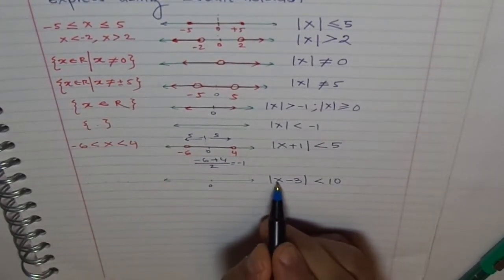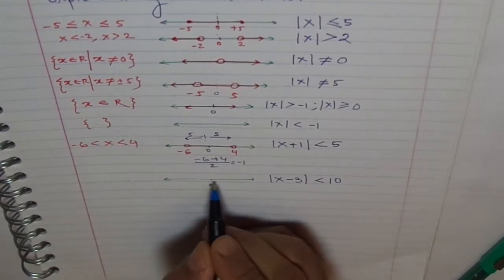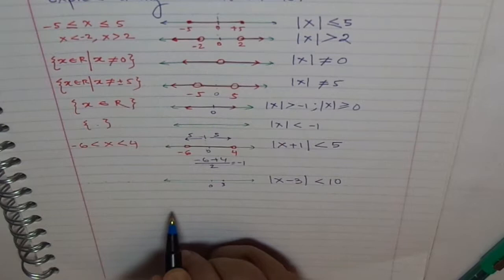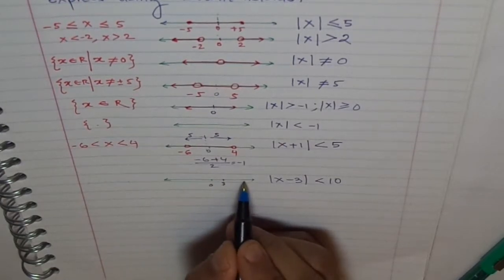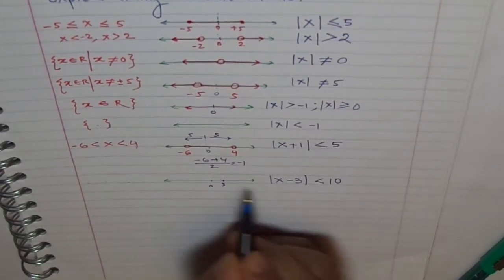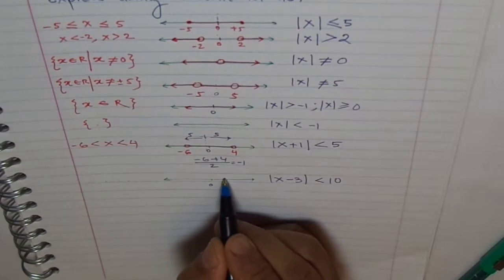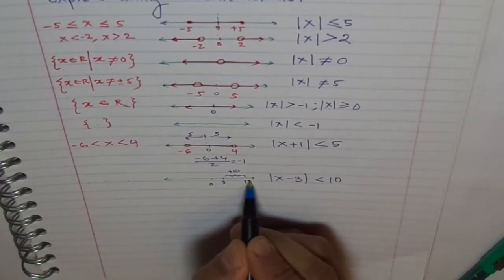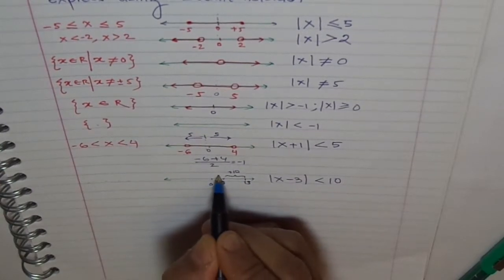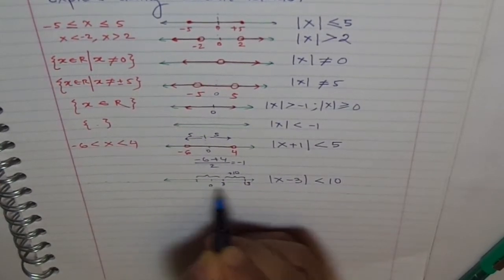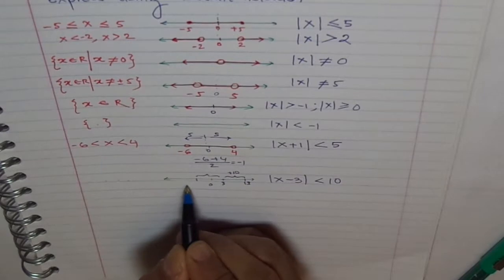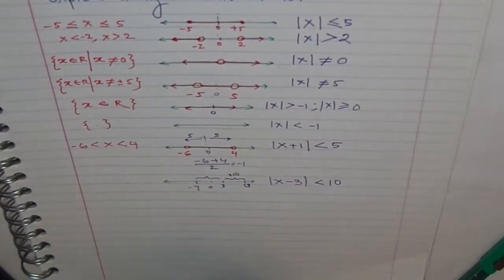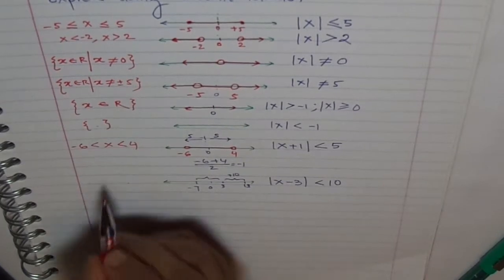This means you move 3 units to the right. There is your center. And from there, you are within 10 units away. So 3 plus 10 is 13. And 3 minus 10 is minus 7.